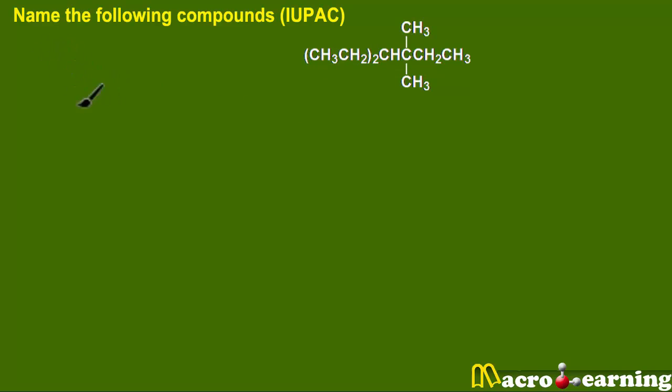But first, again, let's redraw it into the full structure. Okay, so it's CH3, CH2, one of the two attached to this CH, and here is the other one attached to the same CH.